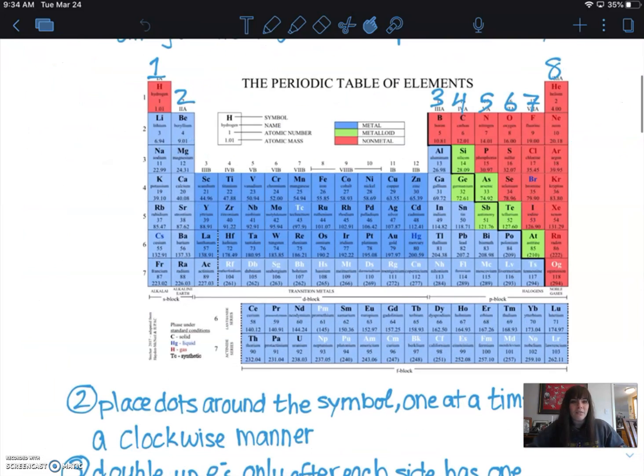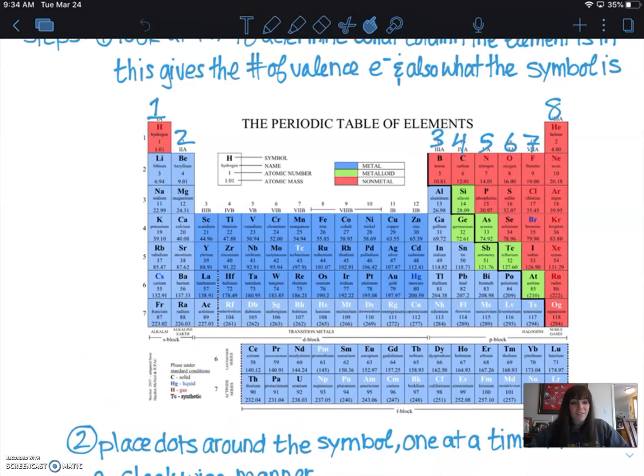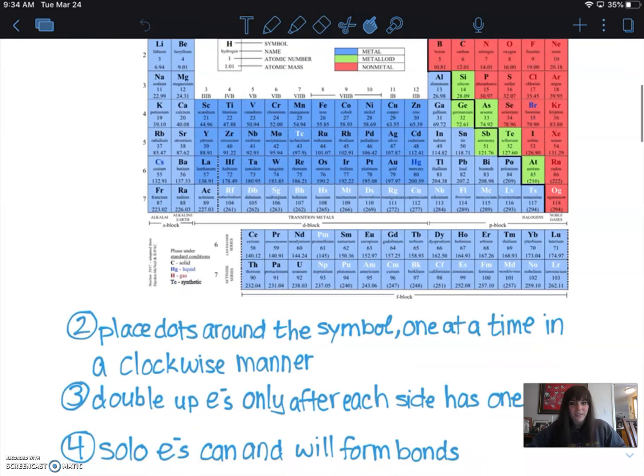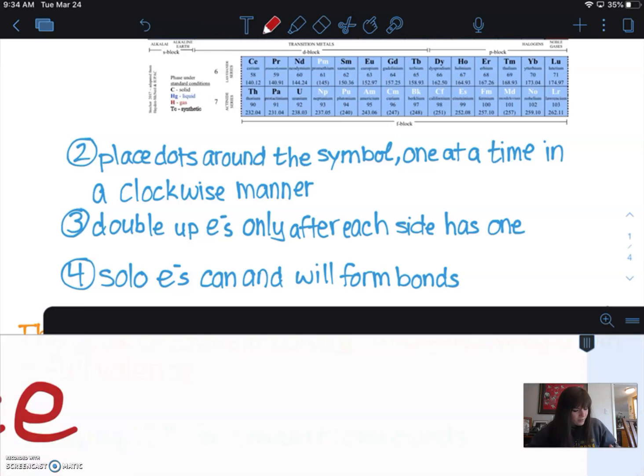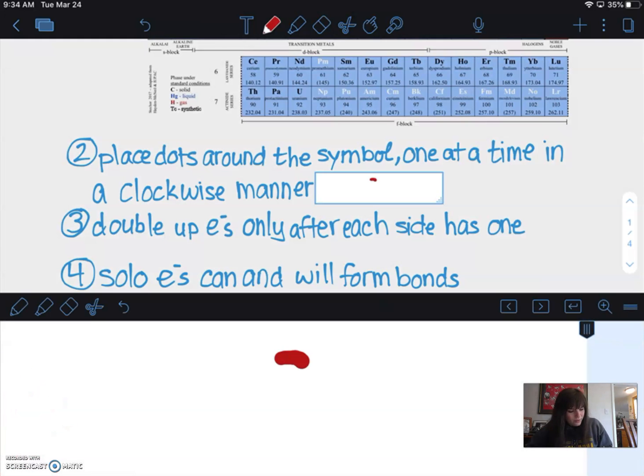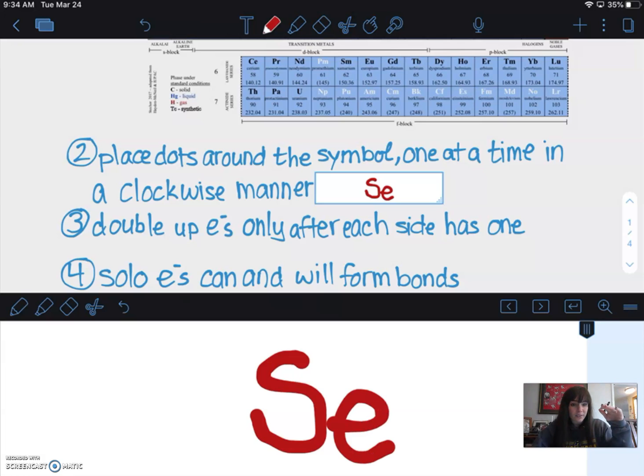So after you figure out the symbol and how many valence electrons you have, the next step is to write down the symbol and place the dots around it in a clockwise manner, one at a time. I'm going to put a little example right here. In this one, it'd be Se, and then we've got 6 valence electrons.